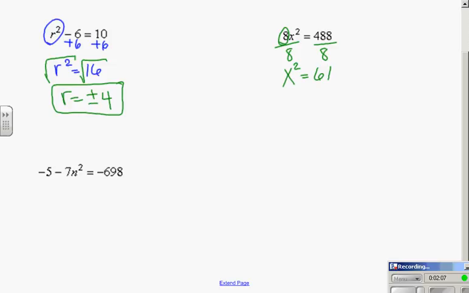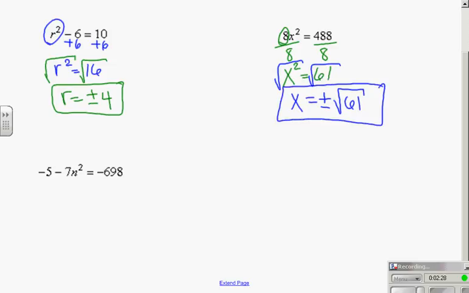Like I said, x squared equals 61. 8 goes into 488 61 times. Now we're going to take the square root of both sides. And we have x is equal to plus or minus the square root of 61. Do some checking, make sure that 61 doesn't have any perfect square factors. If it doesn't, it is the exact answer, and you don't need to touch your calculator.